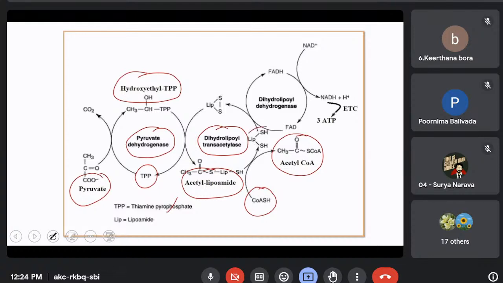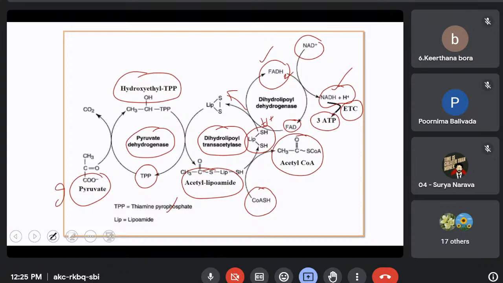In this reaction lipoamide is reduced and it is oxidized by transferring the hydrogen ions to FAD, so that FAD is converted into FADH2, and in turn FADH2 transfers the hydrogen ions to NAD, so that it is converted into NADH plus H plus, and this enters the respiratory chain, and from each NADH plus H plus molecule 3 ATP are produced.